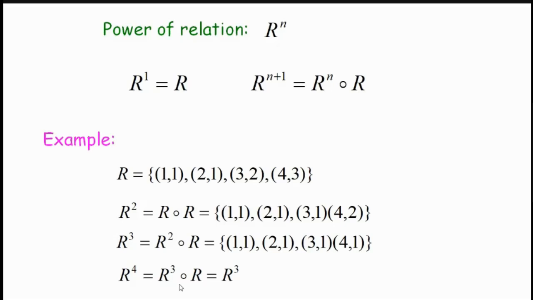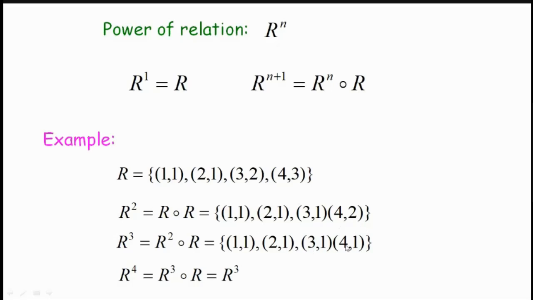Here is a small example that was given: (1,1), (2,1), (3,2) and (4,3). Then R square is equal to, you should find the common things, (1,1), (2,1), (3,1) and (4,2).